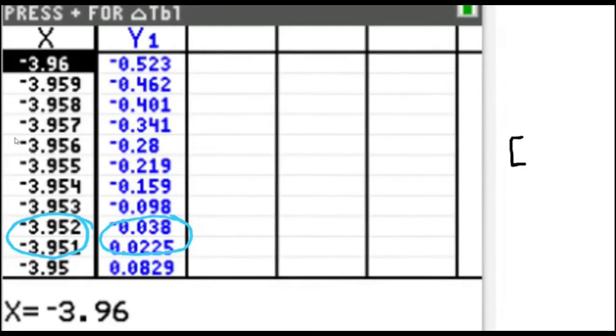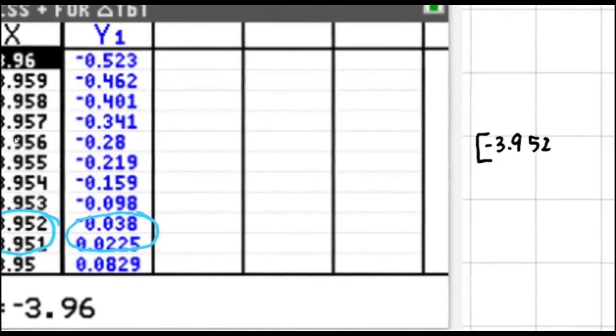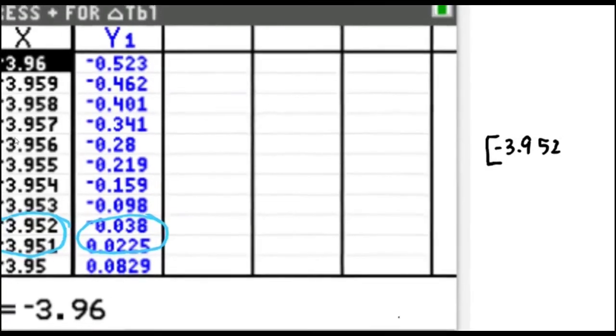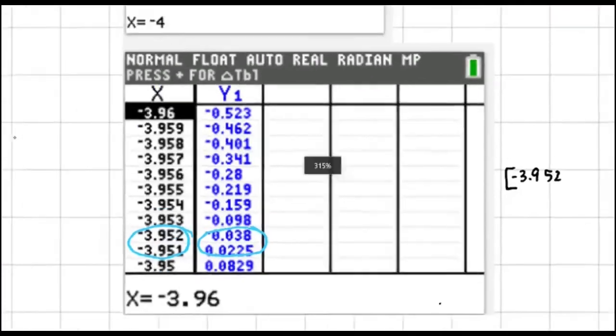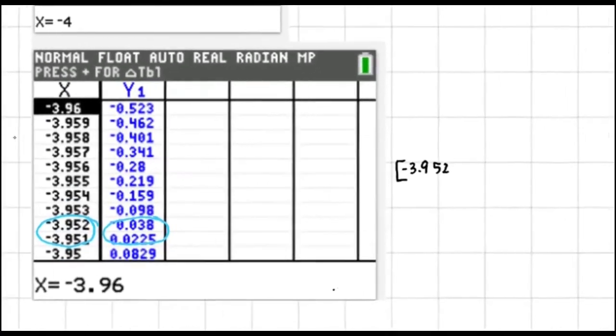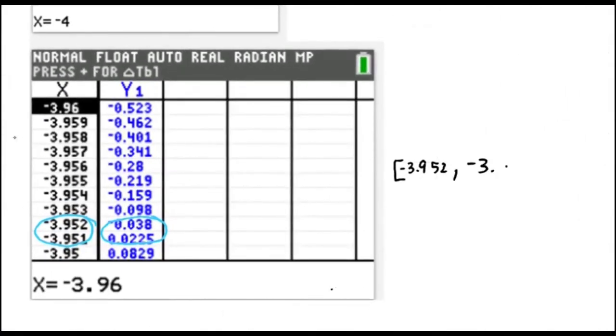So now we've narrowed the 0 down to be in between -3.952 and -3.951. And since the 0 is in between those two values, we know if we round to 2 decimal places, that 0 would be -3.95.